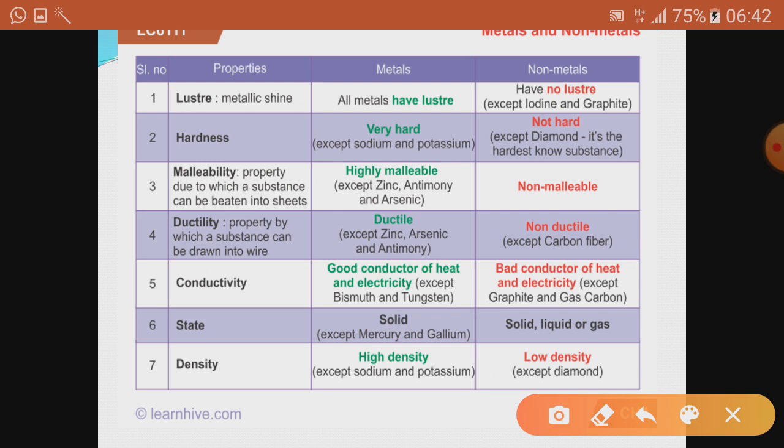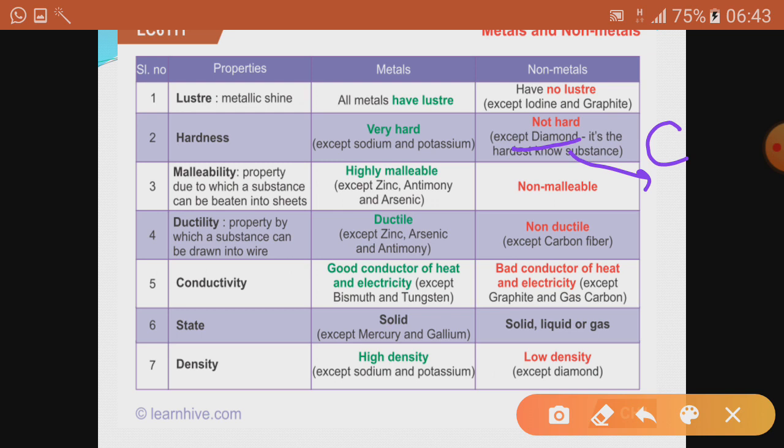They are not hard, but diamond is considered to be the hardest, and moreover it is the hardest substance present on the earth, and diamond is made up of a non-metal called carbon. So nonmetals are soft or not so hard, but diamond, which is made up of carbon, is the hardest substance known on the earth.